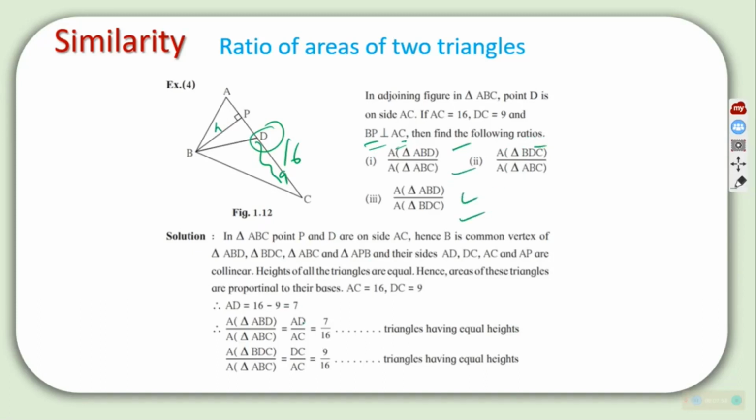Almost everything is given, and the only thing you should understand is that the points P and D are on the same side, so there is a common vertex. So the height of all the triangles is equal, that is the height BP. So the height is equal, and we have to compare the bases in all these cases, and you will get the answer.